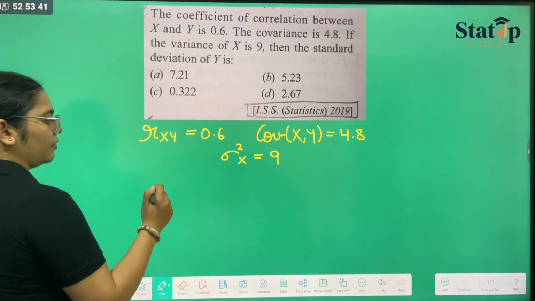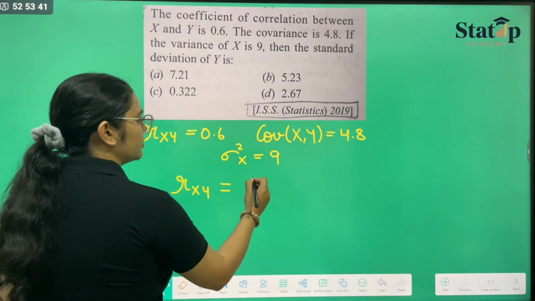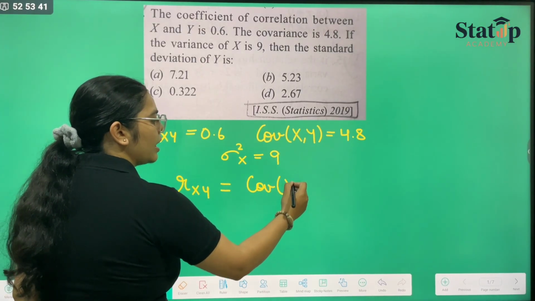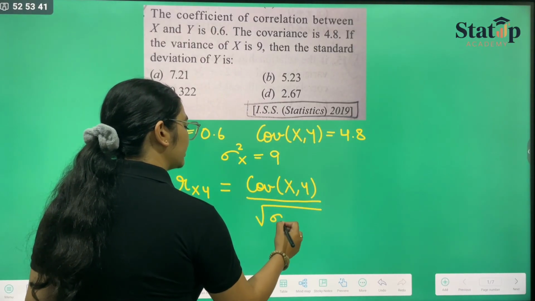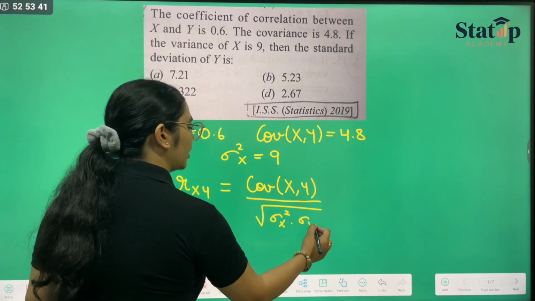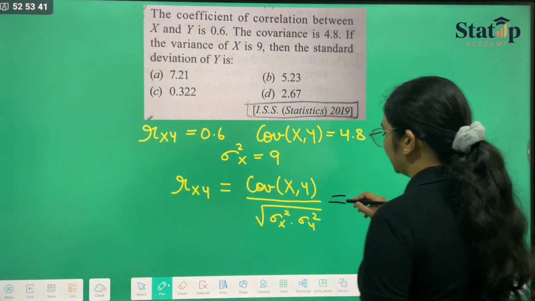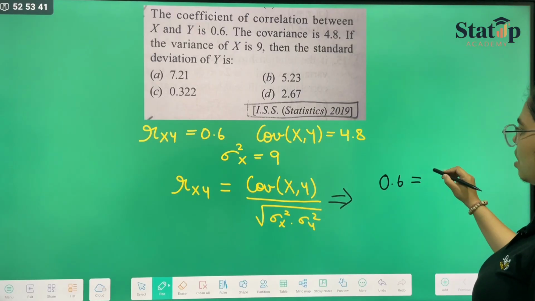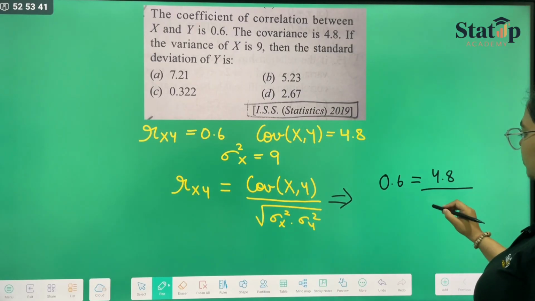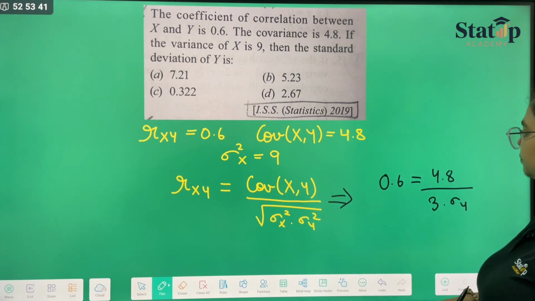So first of all, the correlation coefficient rxy equals covariance of x comma y upon under root of sigma x square into sigma y square. So putting the values here, we'll get rxy 0.6 equals 4.8 upon under root of 9 into sigma y square.